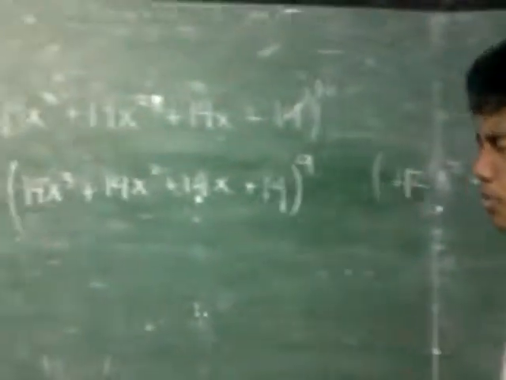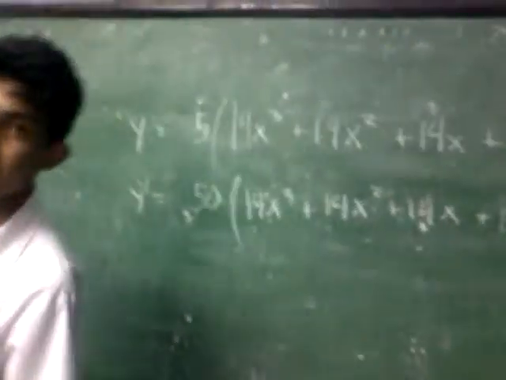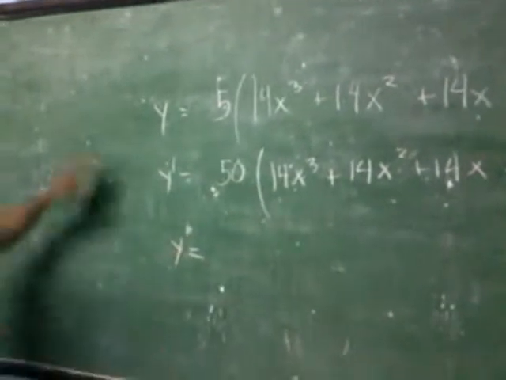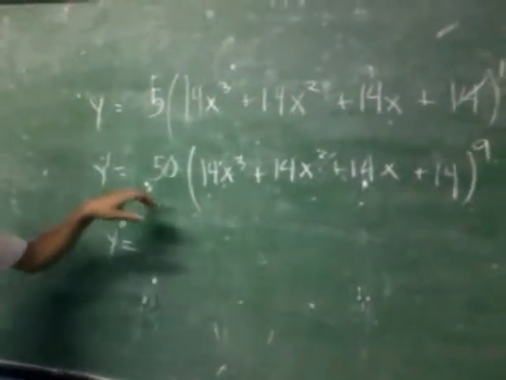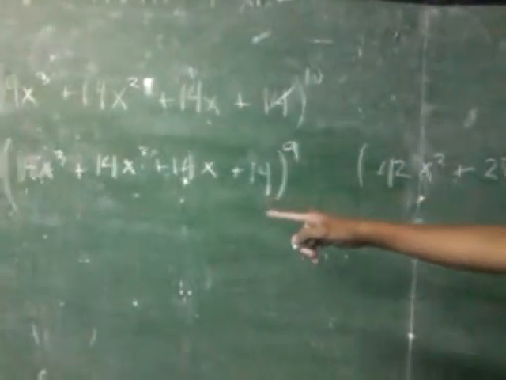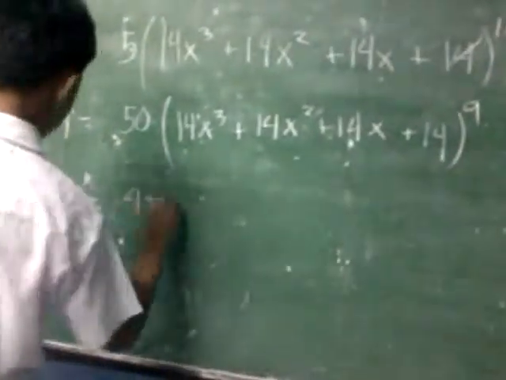Then I want to get the second derivative. For the second derivative, we're going to use the general power rule once again. So here, 5 multiplied by 50. Oh, it's too big, but it's so easy. 450.